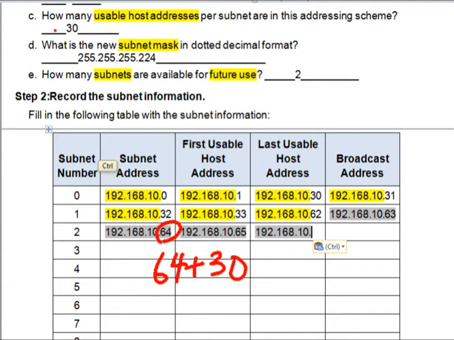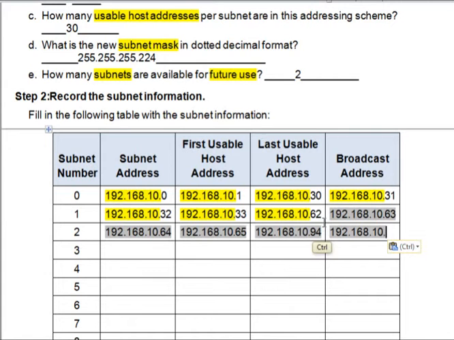Why 30? Because we have a total of 30 usable host addresses per subnet. So in this case the answer will be 94. Okay, so the last usable host address is 94. Okay, and we can continue. The broadcast address will be 10.95.